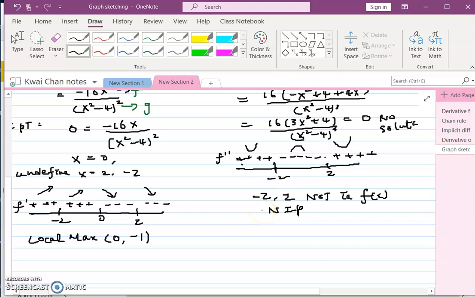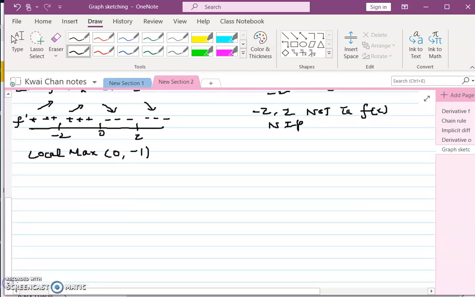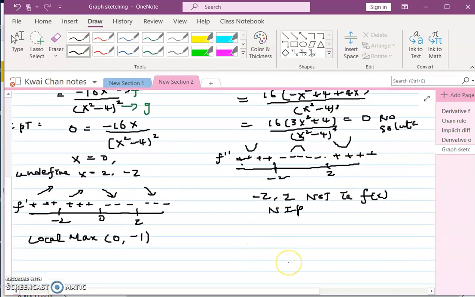So if this is the case, then we can actually graph it now. Using all the information that we have, let's do a small graph here. So we have the point 0, -1, which is a local max. And we know that it is concave down here, so we know it will be that way. Between -2 and 2. And then on this side, it's concave up.